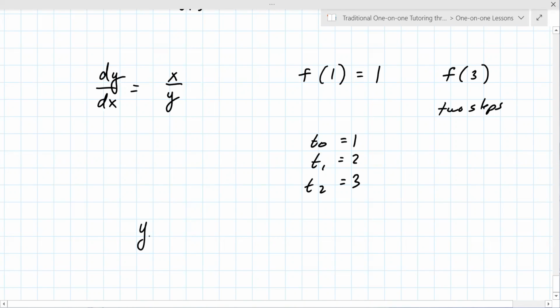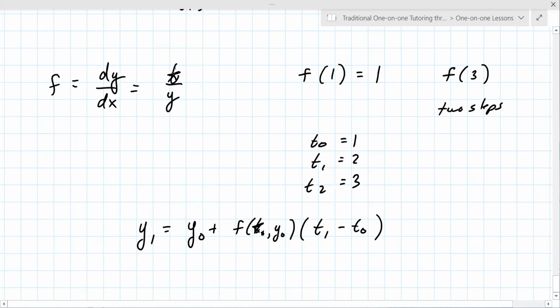Yeah. So y1 equals y0 plus, and for some reason they use f here, f of your x0 comma y0 times T1 minus T0. Well, they use T, but it's really your x. Let me do this x over y.